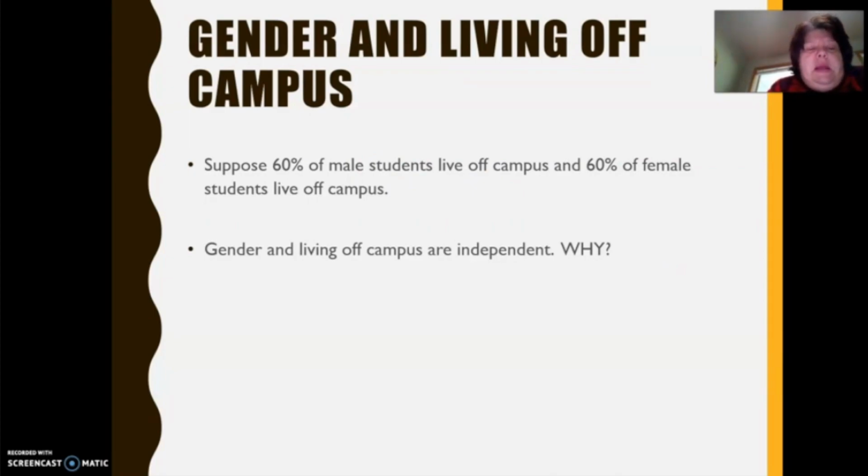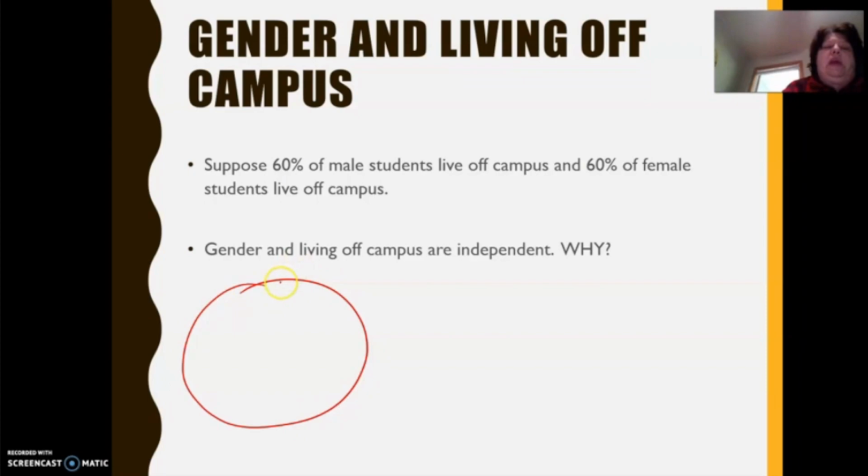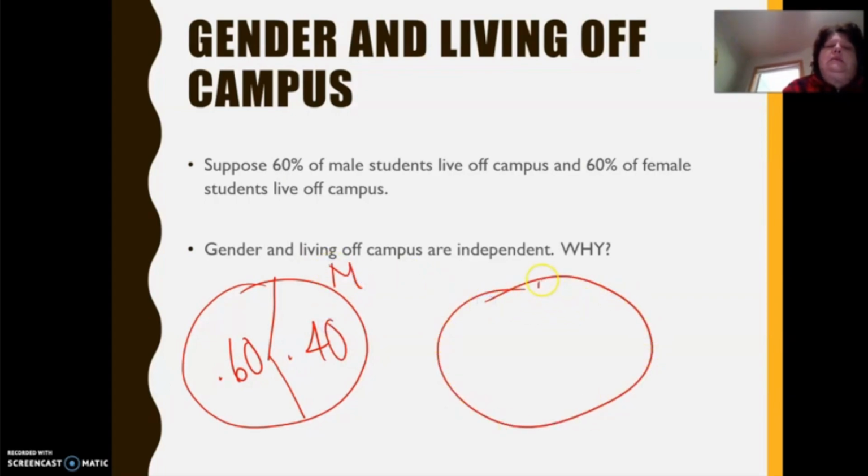Suppose 60% of male students live off campus and 60% of female students live off campus. You have independence, gender, and living off campus. Why? 60-40 for the males and 60-40 for the females.